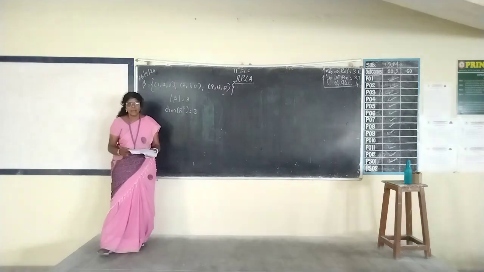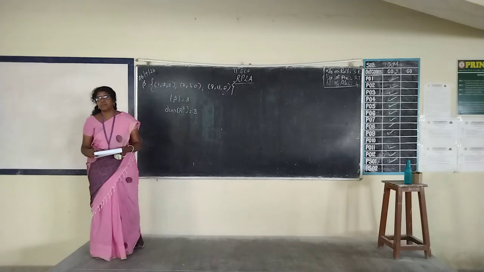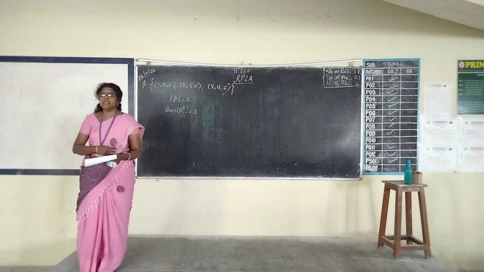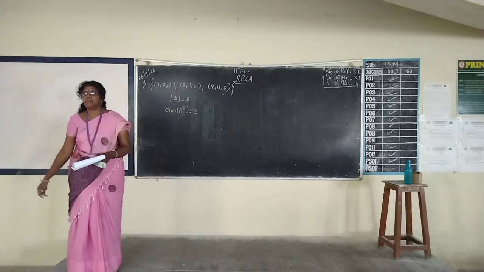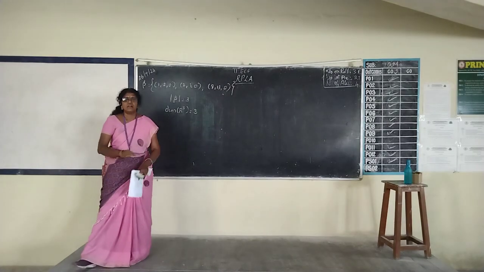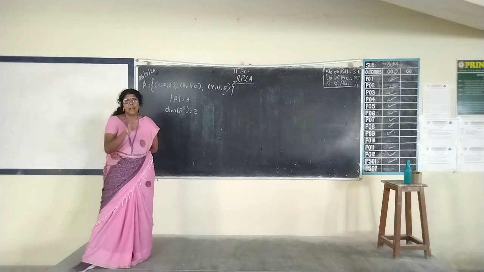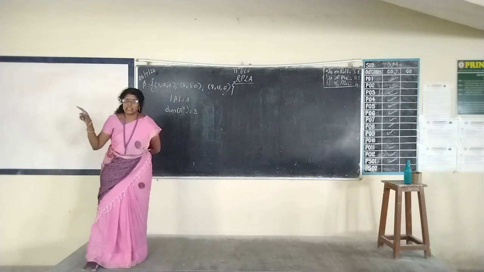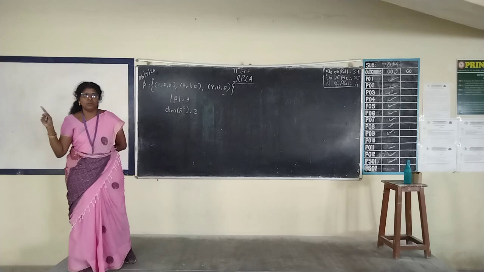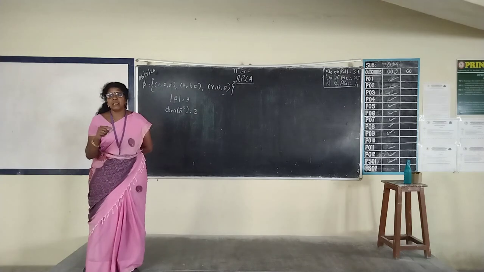To prove beta is linearly independent. What is the equation for linear independence? Alpha 1 u1 plus alpha 2 u2 and so on should be equal to 0. One way is to check the alpha values and prove it. What is the other way of giving proof?